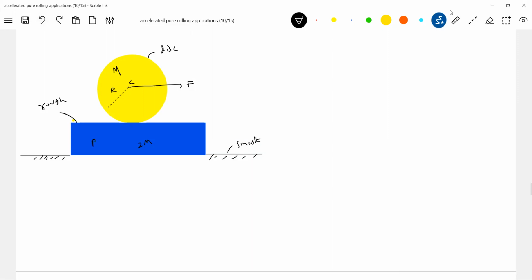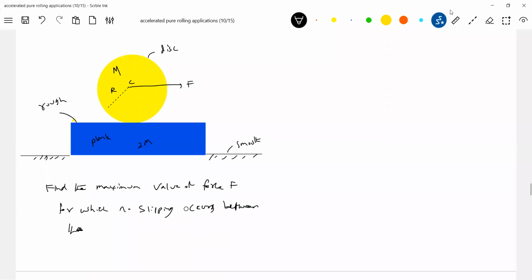Block upon a block, can you remember? Similar ideas is what we are trying to find: the maximum value of force F for which no slipping occurs between the disc and plank.